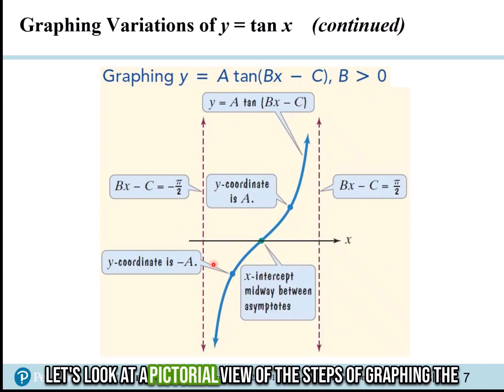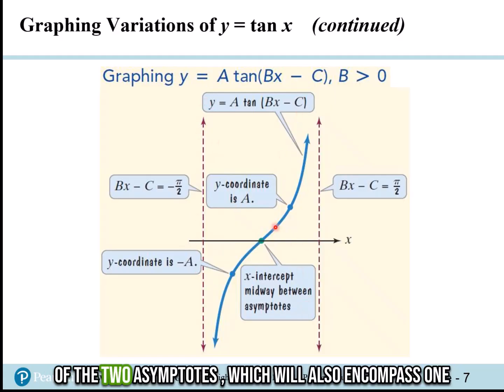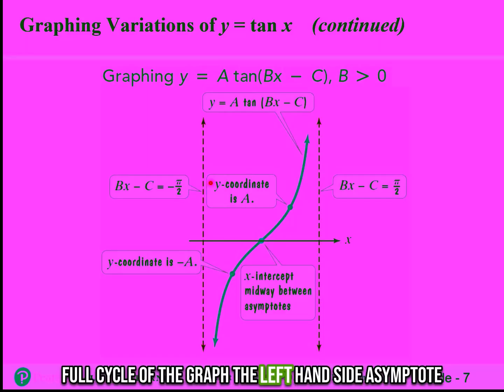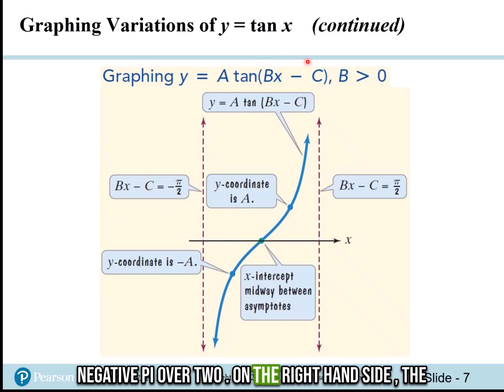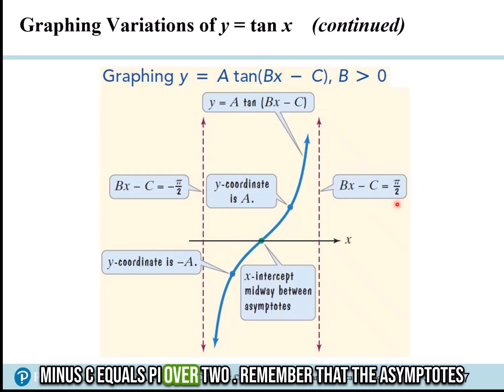Let's look at a pictorial view of the steps of graphing the tangent function. The first step was to find the location of the two asymptotes, which will also encompass one full cycle of the graph. The left-hand side asymptote would be determined from this equation, bx minus c equals negative pi over 2. On the right-hand side, the asymptote would be determined from the equation bx minus c equals pi over 2.